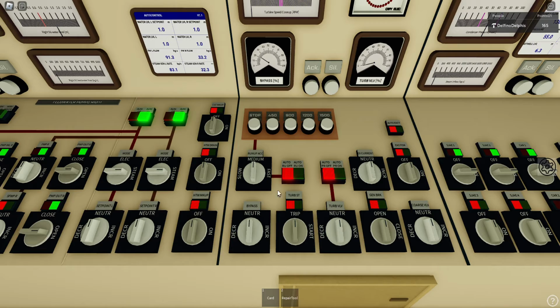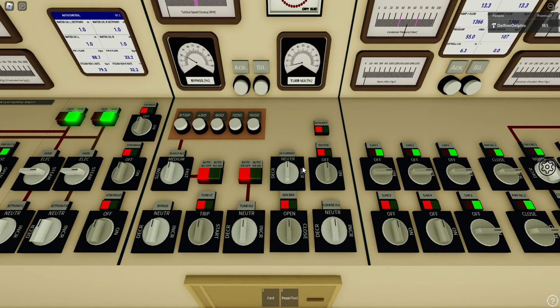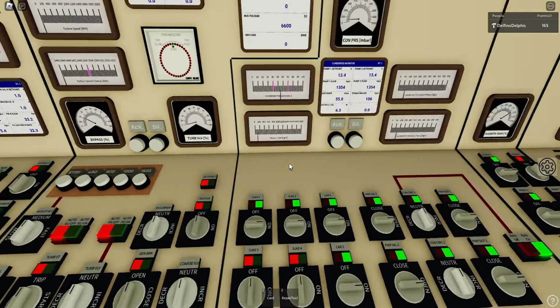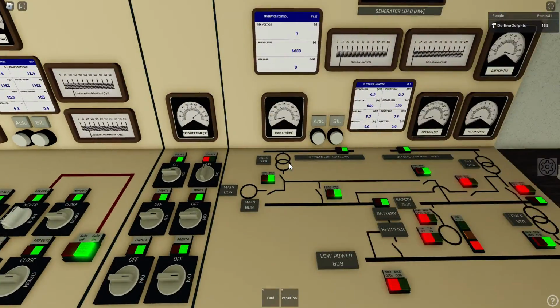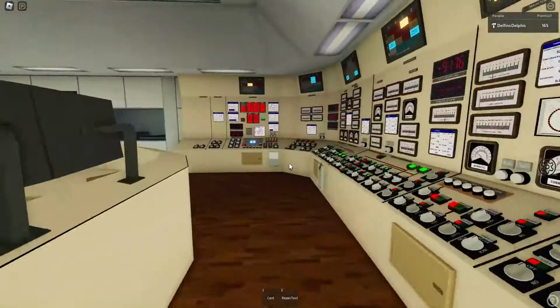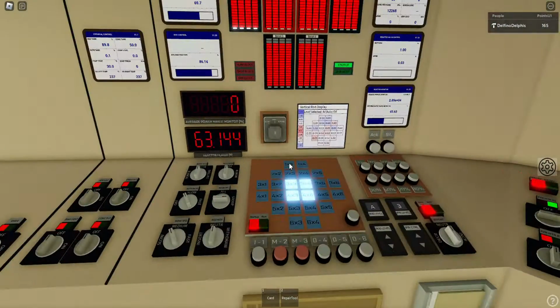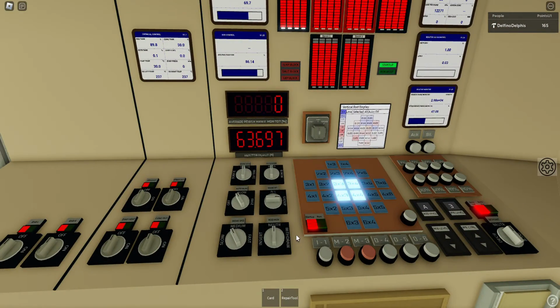We have auto control for the run-up, and we have also an exciter, which is pretty simple. I will explain this in a moment. Okay, let me maybe pull the rods a little bit to quicken this up.